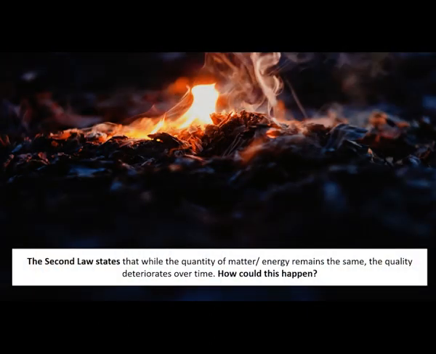In case of the second law, what does it state? It states that while the quantity of matter or energy remains the same, the quality deteriorates over time. Then how could this happen? Usable energy is used for productivity, growth and repair. So in the course of this process, that usable energy is converted into unusable energy, and usable energy is thus lost in the form of unusable energy.